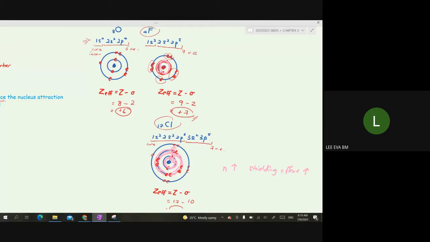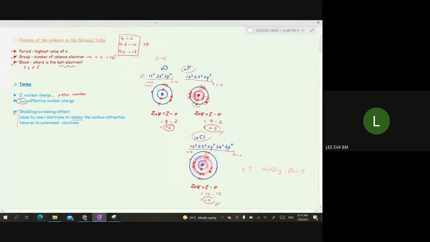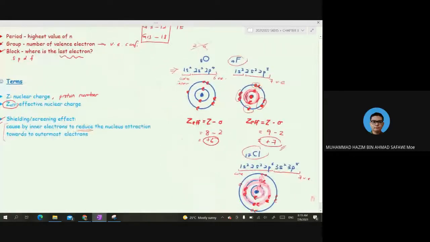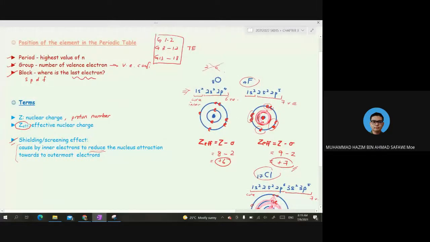Any questions? So basically speaking, one shell is like representing a shield, isn't it? Yes, representing a shield. So the more shells, the lesser the effect, isn't it? The lesser the energy level, the lesser the effect, yes.